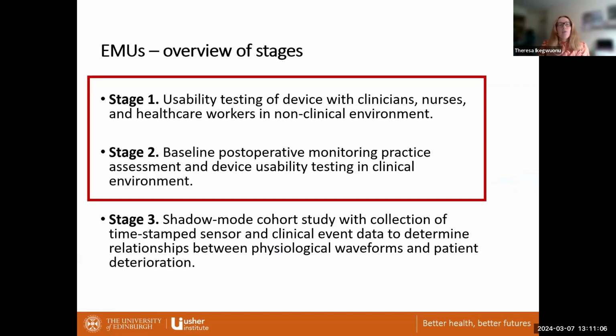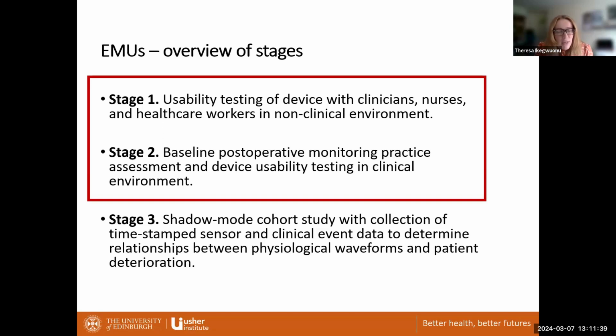The EMUs project has three stages, and I will show you a table of it in a minute. Stage 1 is taking place in a non-clinical environment and is looking at the usability of these devices with clinicians, nurses, and healthcare workers. Stage 2 moves into the clinical environment, where we're looking at a baseline post-operative monitoring practice assessment and further device usability testing.